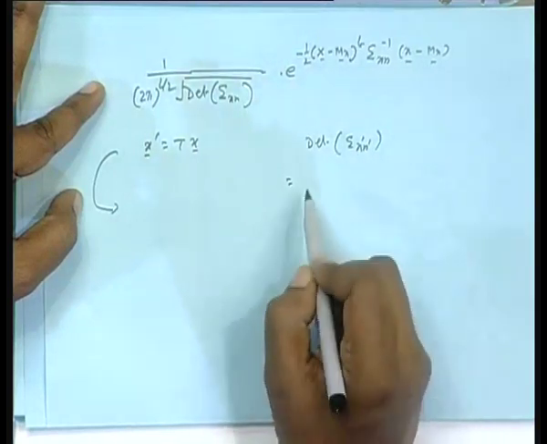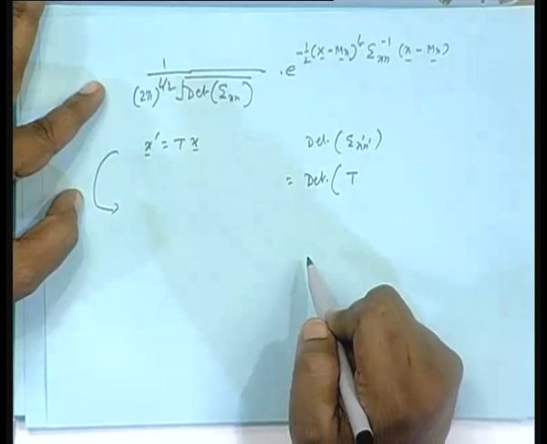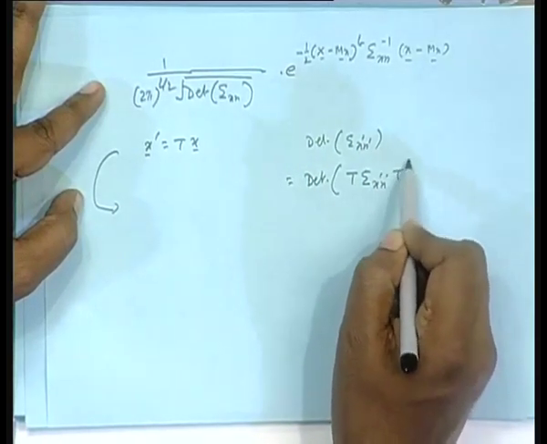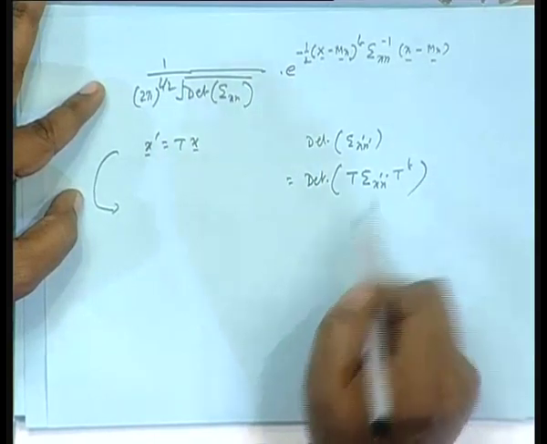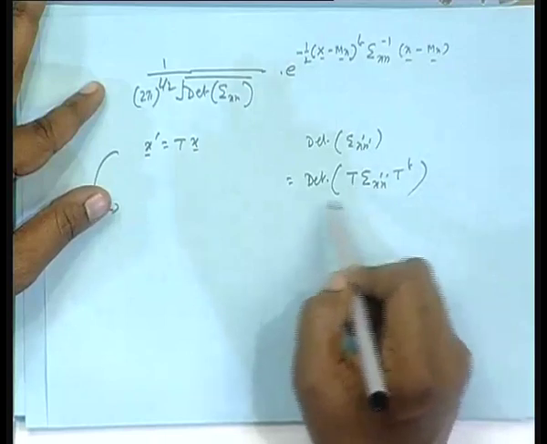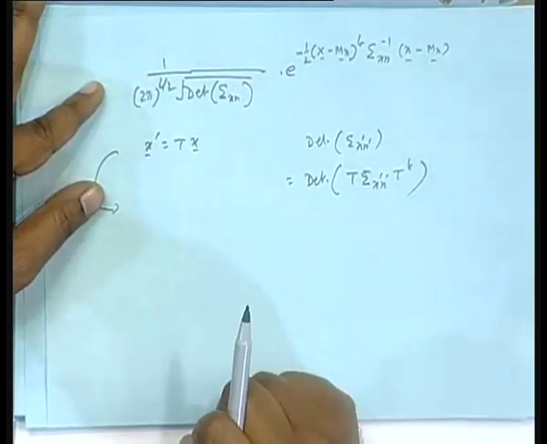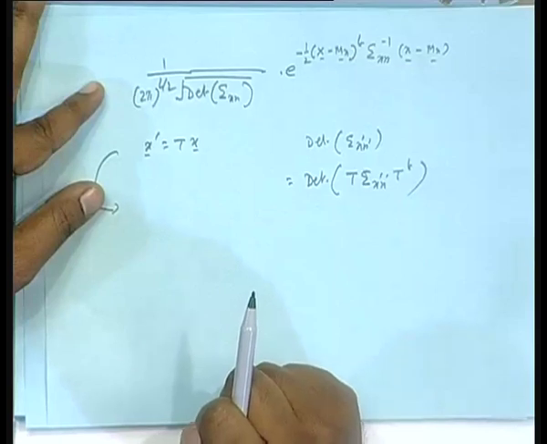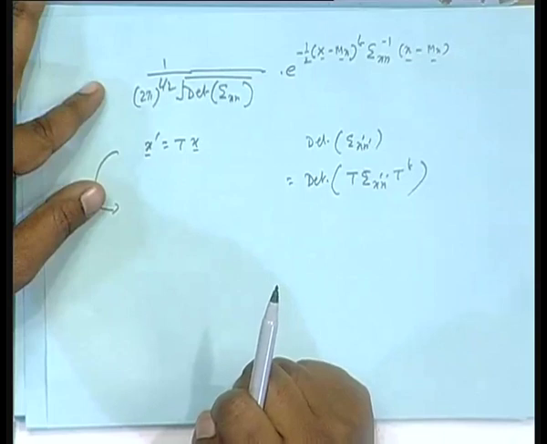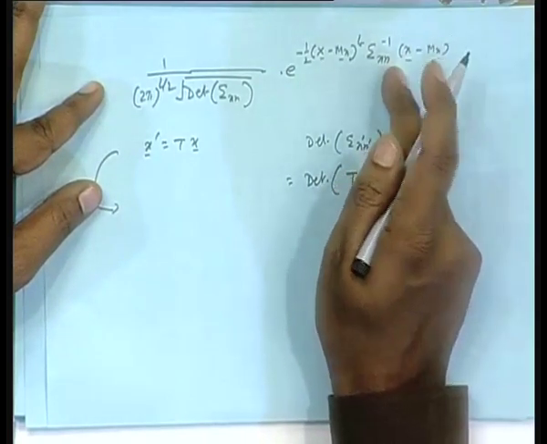But sigma x x prime will be what, determinant of T, which is T inverse, and this is called similarity transformation. Determinant will be same as the determinant of the original matrix. So, this value and this value will not change. Okay, because T is unitary, this T transpose is same as T inverse. And here when the inverse comes, inverse of this will be what?